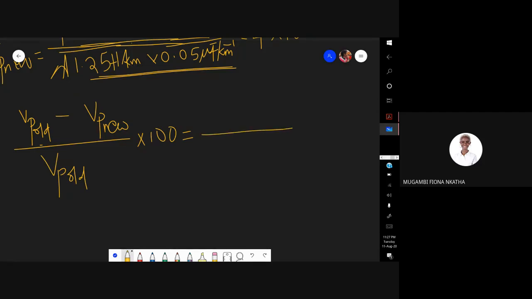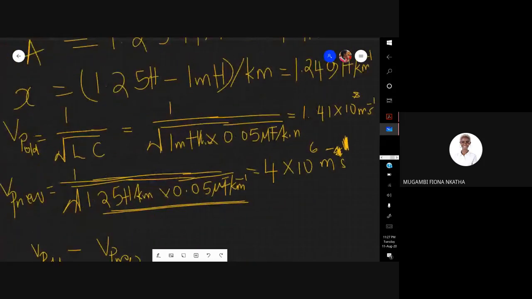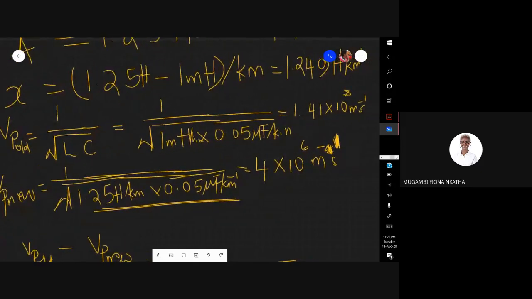As you can see, the new phase velocity has reduced. The old one was times 10 to the power 8, and the new one is times 10 to the power 6.